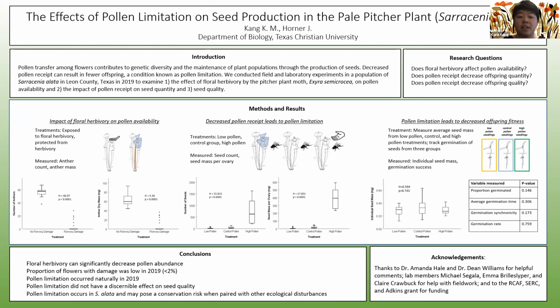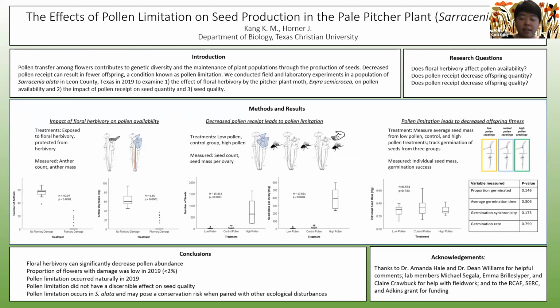Now, pollen limitation has been observed in different species across different plant families. However, some groups of plants have not been observed as extensively as others, and carnivorous plants is one of these groups. In fact, there were no pollen limitation studies done in any carnivorous pitcher plant from the Gulf Coast of the United States, where the majority of these species are.